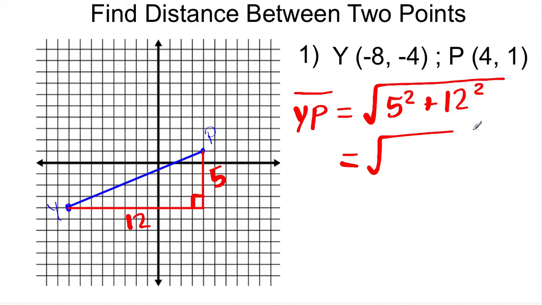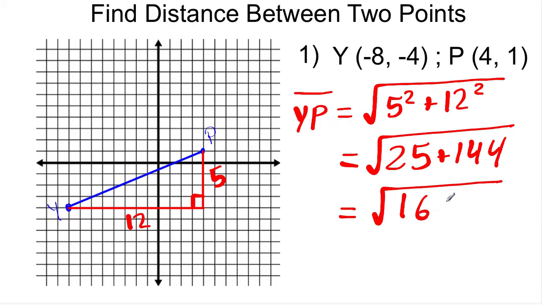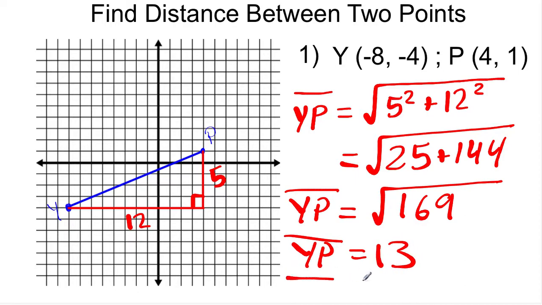So that is the square root of 25 plus 144, which is the square root of 169. And that is a perfect square, which is 13. So that distance YP is 13, which is nice to think about.